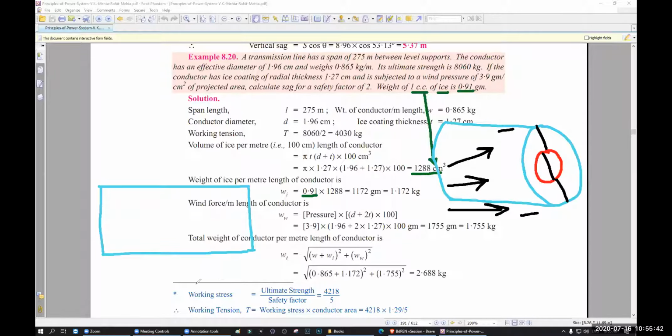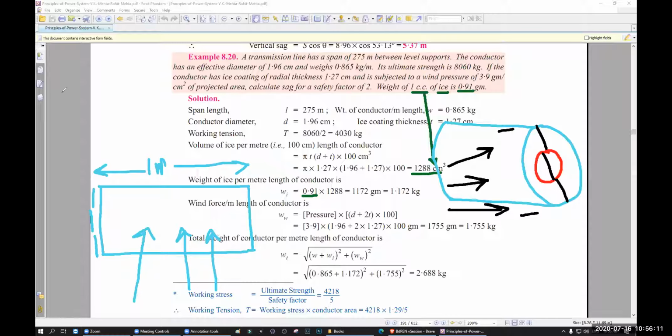When wind hits it, it will see a rectangle. It will not see a conductor. What is the height of the rectangle? The height of the rectangle will be T plus D, right? And what is the length? Length is 1 meter, because we are calculating for 1 meter, right? So that is the rectangle.